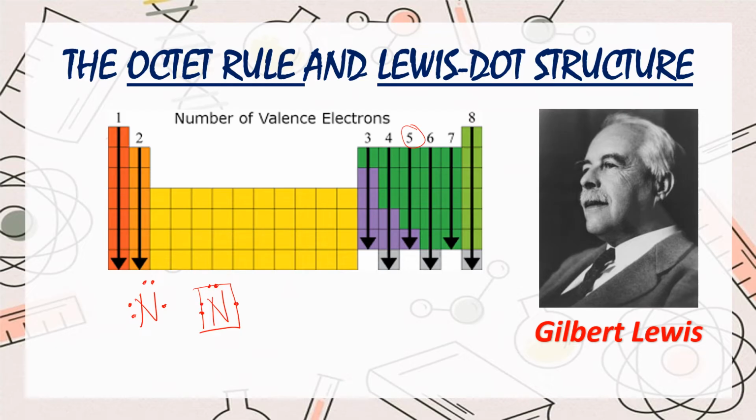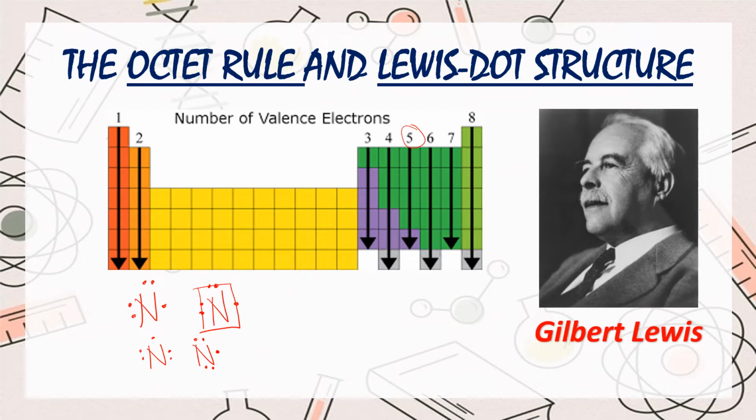So you may write the Lewis dot structure of nitrogen as having 2 on these sides and then 1 above, or you may also draw it as N with 2 on top, 2 at the bottom, and 1 on this side. It's all correct as long as you only put 2 dots on each side, and just take note of the number of valence electrons you are going to draw for that specific atom.